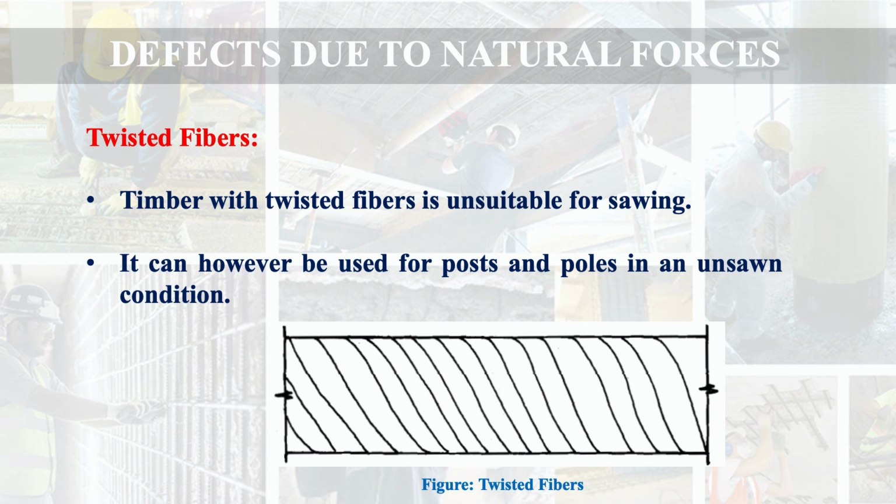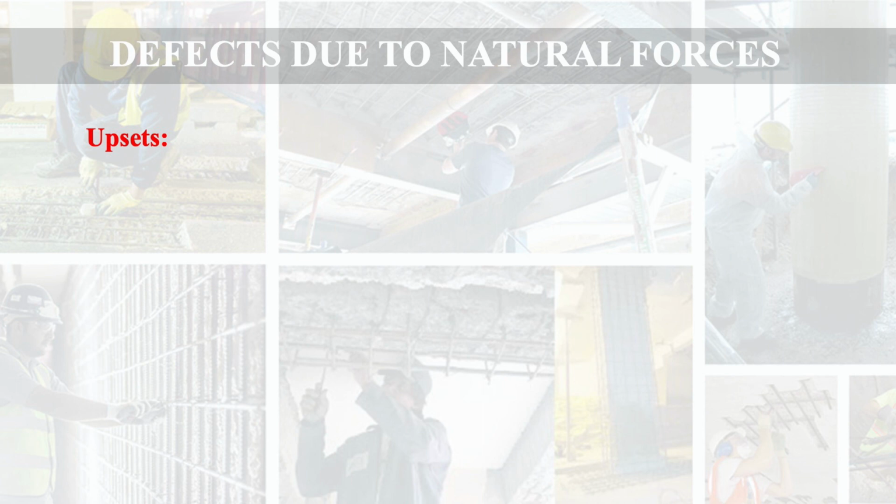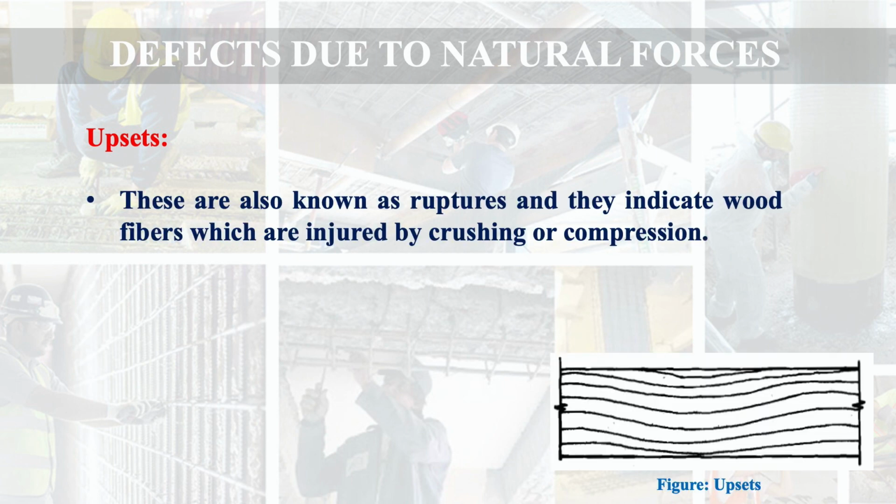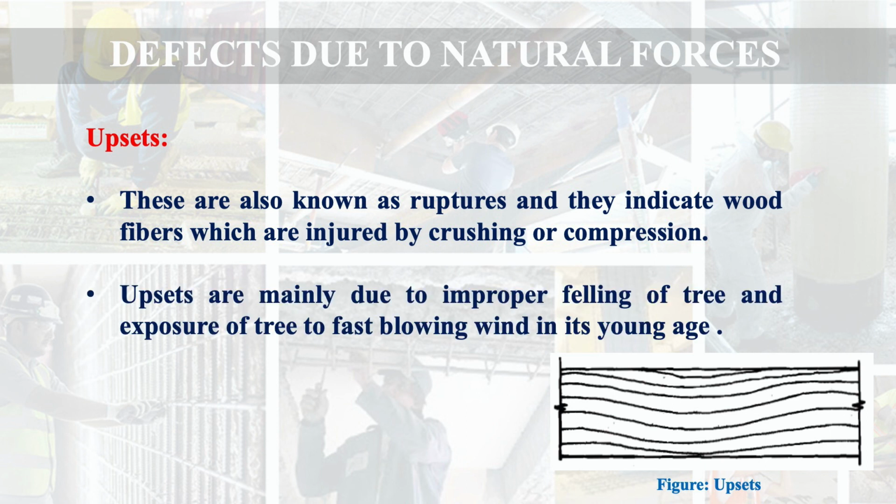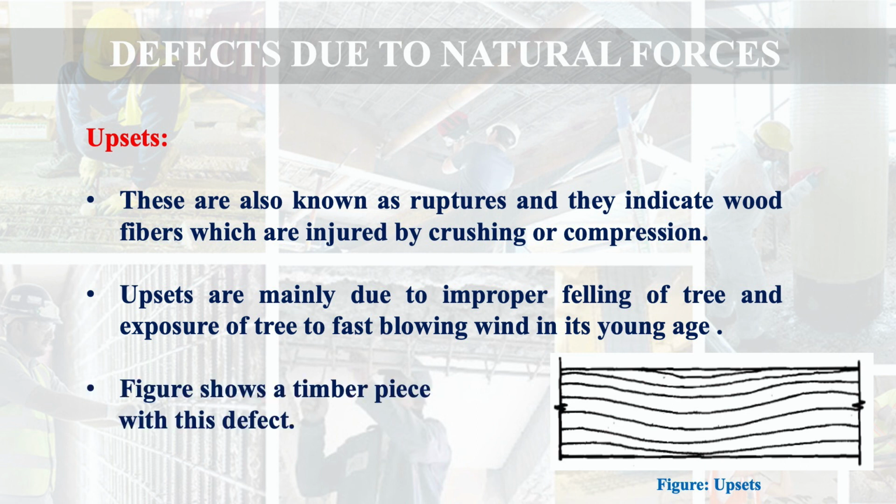It can however be used for posts and poles in an unsawn condition without cutting. Next is upsets. These are also known as ruptures and they indicate wood fibers which are injured by crushing or compression. Upsets are mainly due to improper felling of tree and exposure of tree to fast blowing wind in its young age. Here the figure shows a timber piece with this defect.